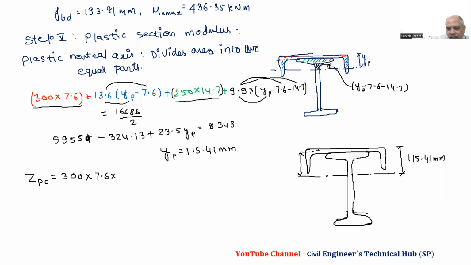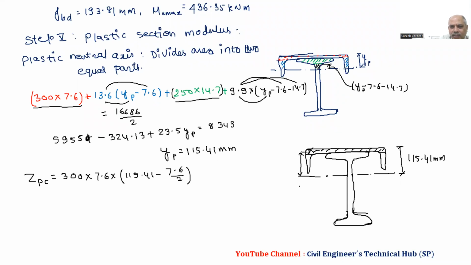So we have to subtract half the thickness of the web of the channel. So 115.41 minus 7.6 upon 2. This will be for the first part, that is, this channel web portion.